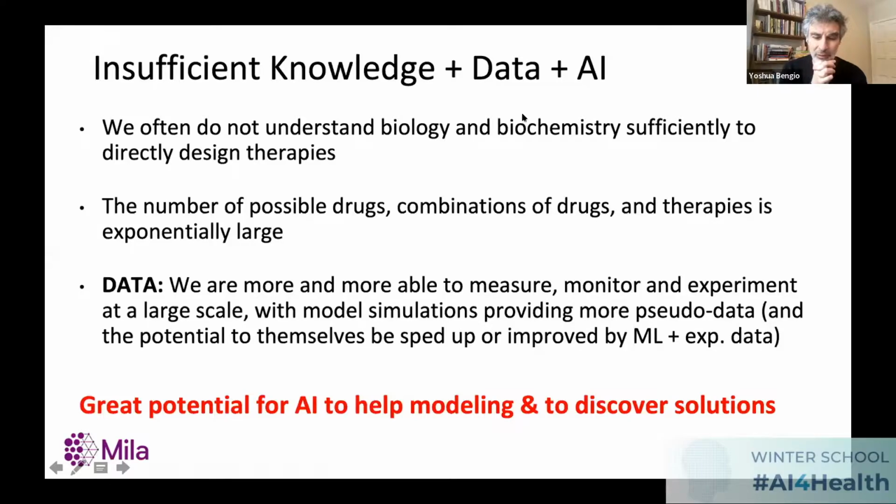I mean, the reason why we want to use machine learning is because we don't understand sufficiently the body, and especially the biochemistry of what's going on in cells, and of course how they interact with each other. There's a lot of knowledge, of course, in biology, but not enough to reason directly from that knowledge and come up with therapies. In some cases, but in most cases, we're going by trial and error, and we're collecting a lot of data along the way.